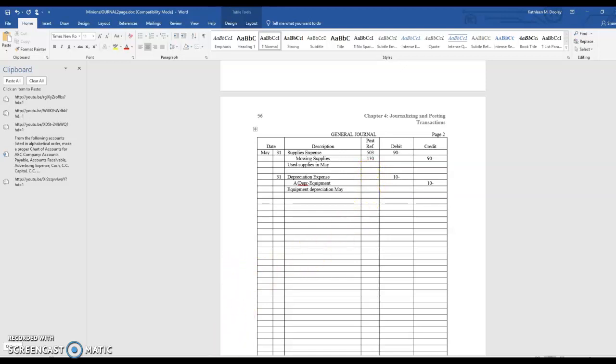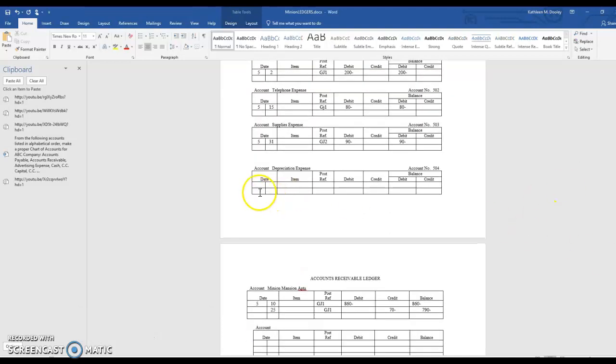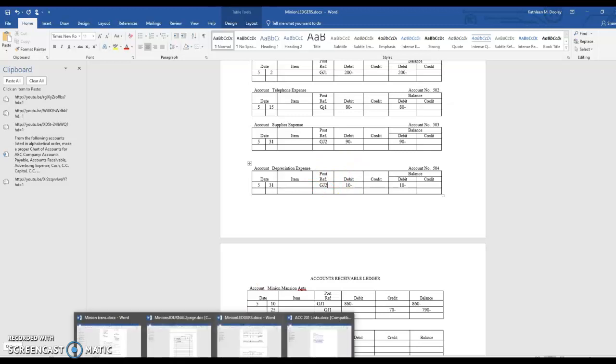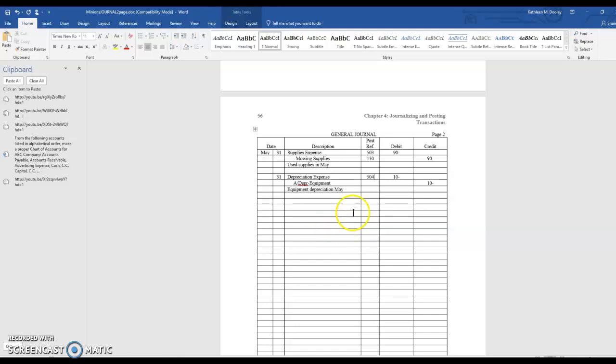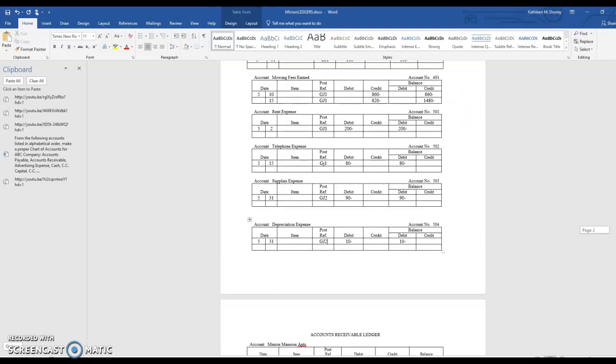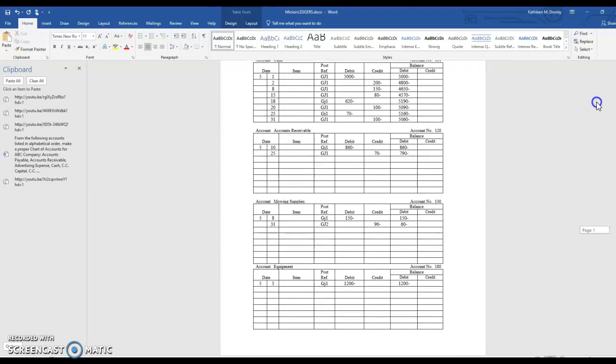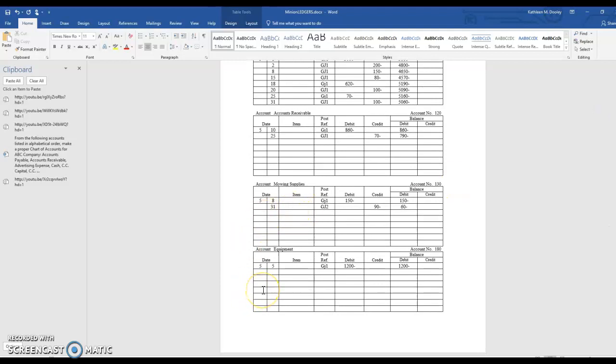Depreciation expense, debit 10. And that's 504. Accumulated depreciation. Okay, now I did not have an accumulated depreciation account, so I'm just going to add it right here.